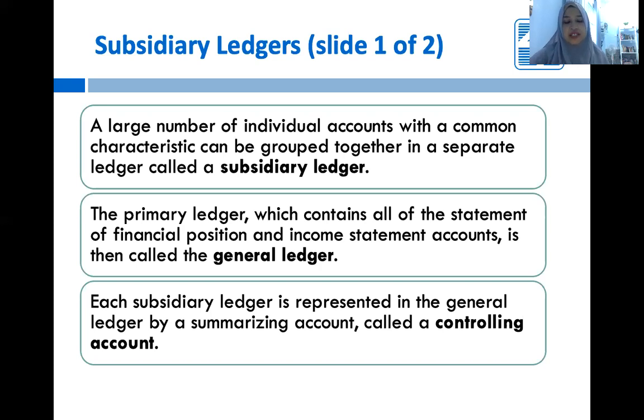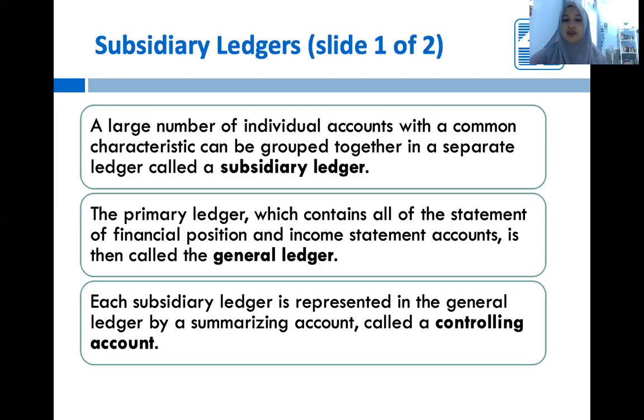The primary ledger, the ledger that you have been learning previously, is the general ledger, which contains all the statement of financial position and income statement accounts. You have cash there, you have receivables, we have payables, account payables.